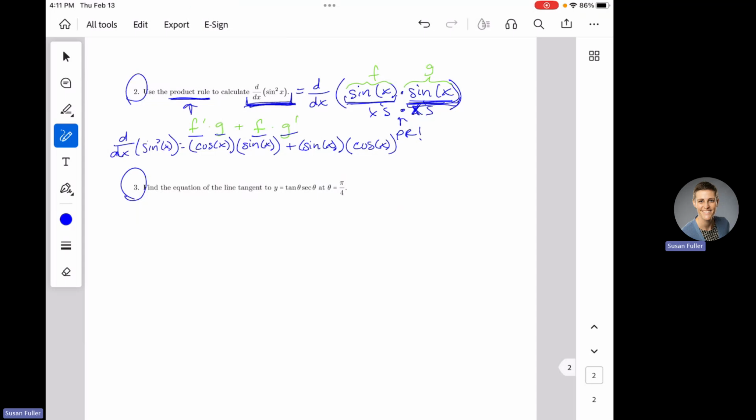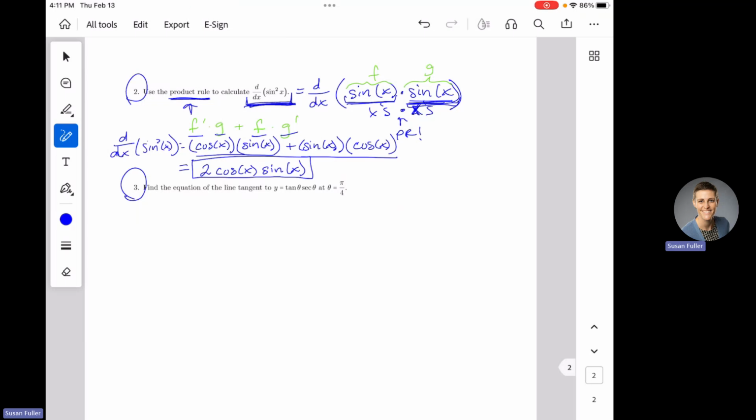I've got a cosine times a sine plus a sine times a cosine. And really these are the same things because no matter which order I multiply in, they mean the same thing. So this is really one of these plus another one of these. So I have two of those. You can write these in any order, whether it's sine or cosine. I'll just take the way I wrote the first one. And there we have the derivative of this.